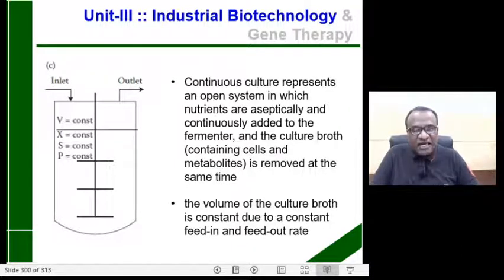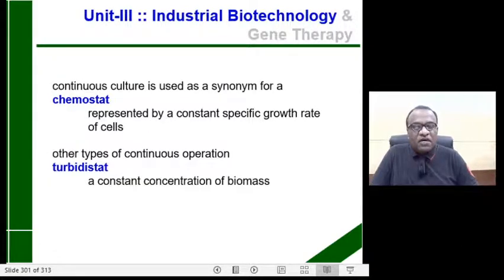Nutrients are continuously added, and the culture broth, which contains the cells and metabolites, is removed at the same time. Now continuous culture is used as a synonym for a chemostat, and there are other types of continuous operation such as turbidistat.